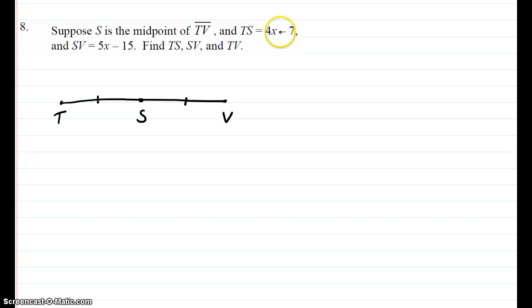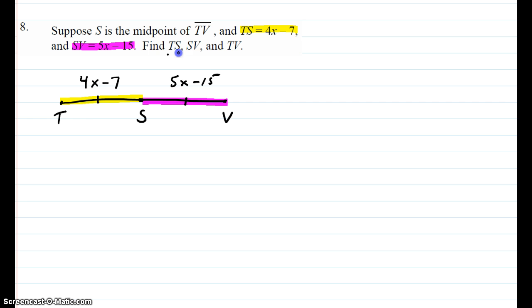It tells us that TS is 4x minus 7. So TS from here to here is going to be 4x minus 7. And SV is going to be from here to here, and that's going to equal 5x minus 15.